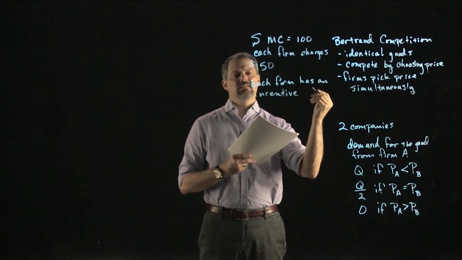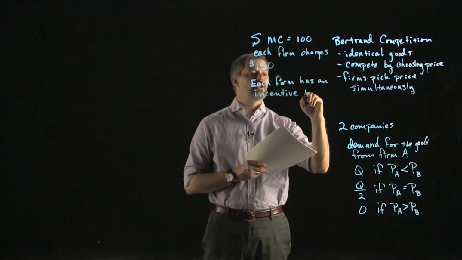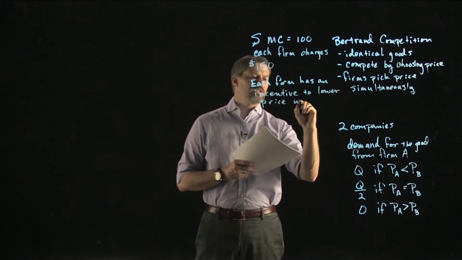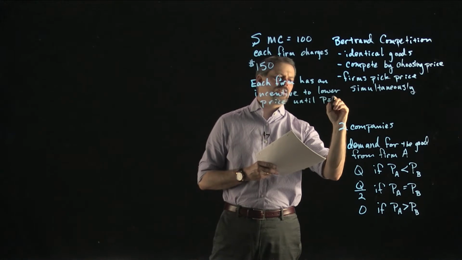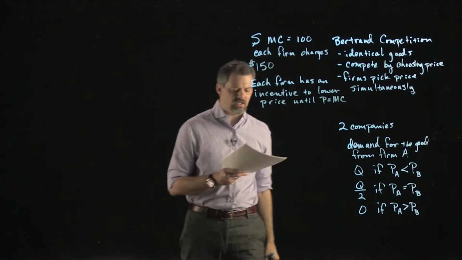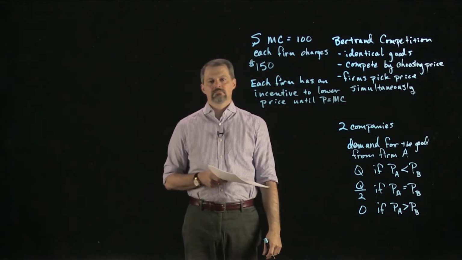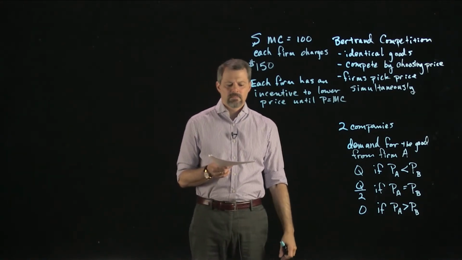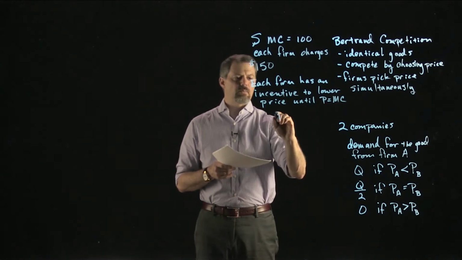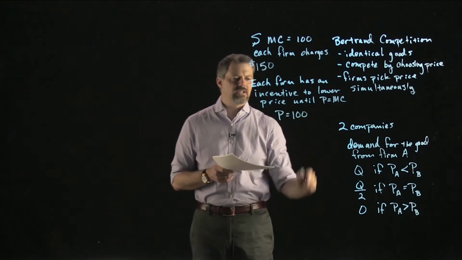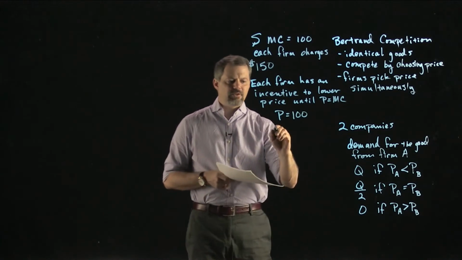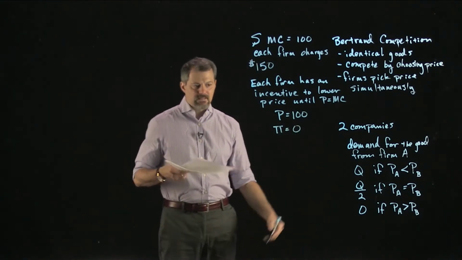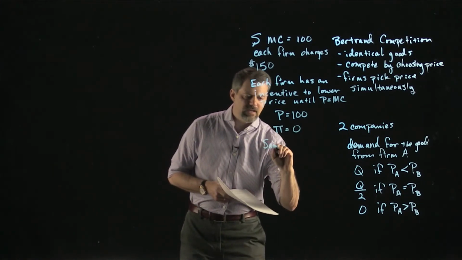Each firm has an incentive to lower price until price ends up being equal to marginal cost, which, of course, is the perfect competition outcome. So the price will be driven to equal $100. Profit for each firm will be equal to 0. This is the same outcome as perfect competition.